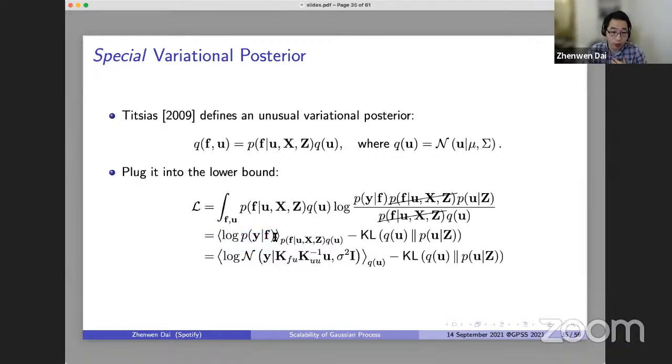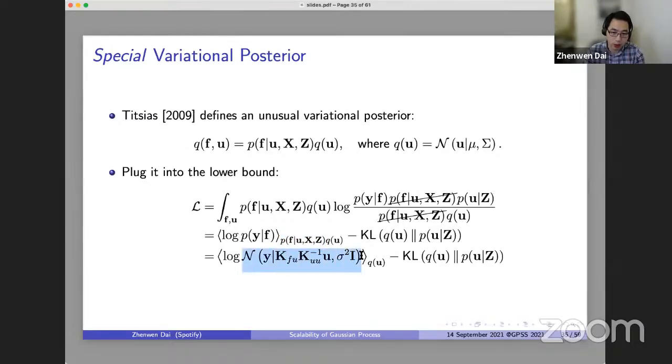And the front part is an expectation of the log of the noise distribution. For regression, we know this is basically a scalar normal distribution with mean F and variance sigma squared I. We still have these two terms in front, integrated with these two distributions. If we put the P of F given U inside, we get a closed-form distribution.